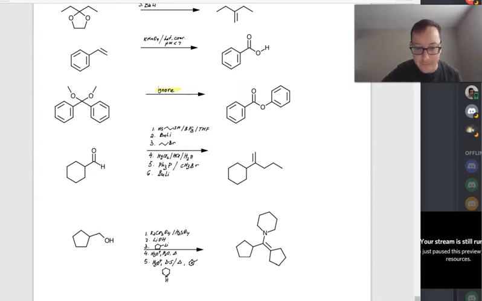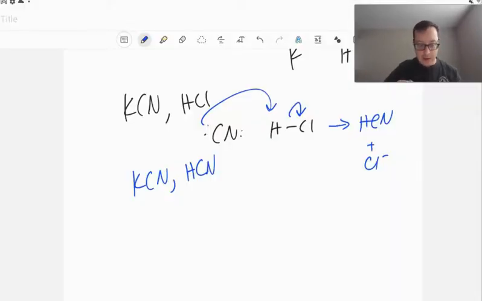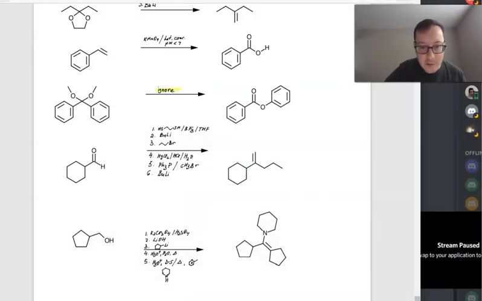Okay, so I didn't copy them and I just switched windows. Okay, so we're going from this thing to two cyclopentyl groups. Good to go? No, we're good.